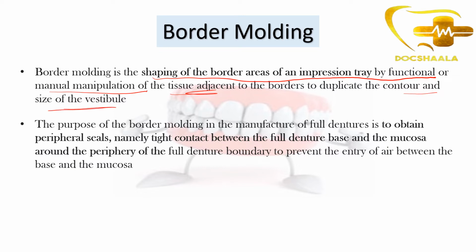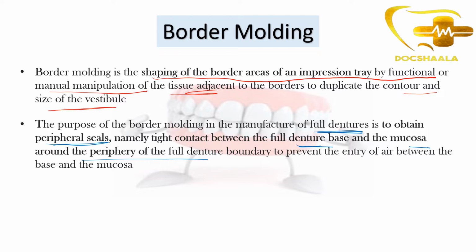What is the purpose in doing this? The purpose is that it helps in the manufacture of full dentures, and it helps in obtaining the peripheral seals, namely a tight contact between the full denture base and the mucosa around the periphery of the dentures.